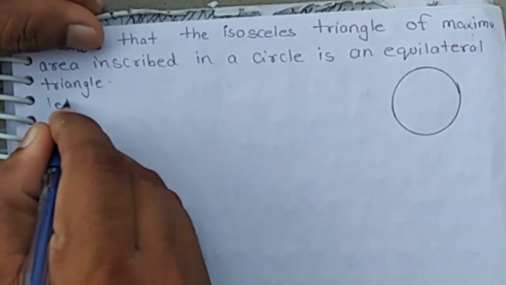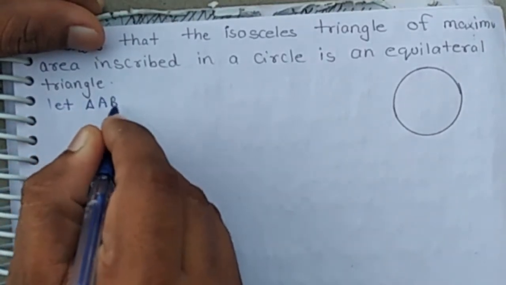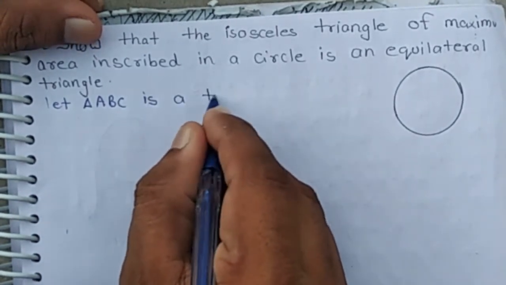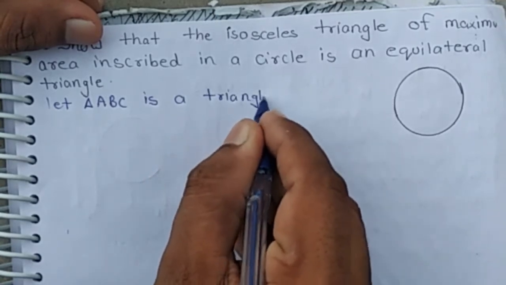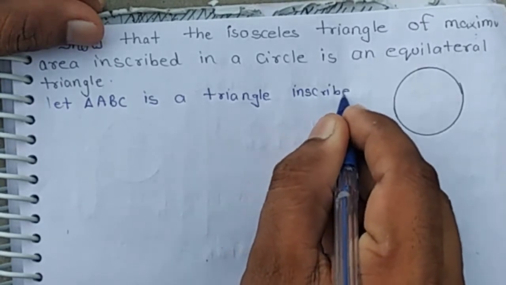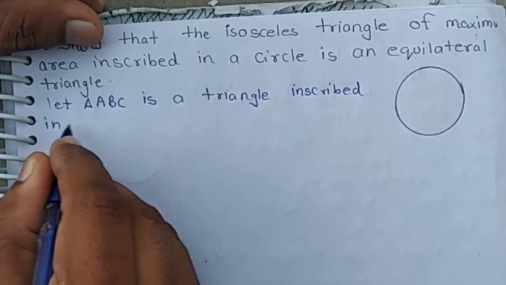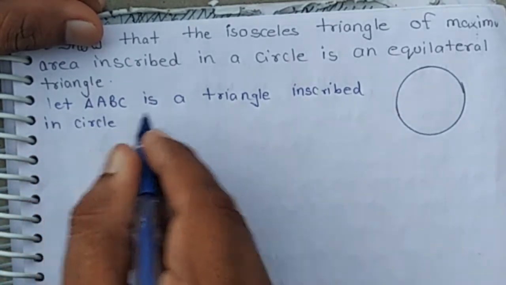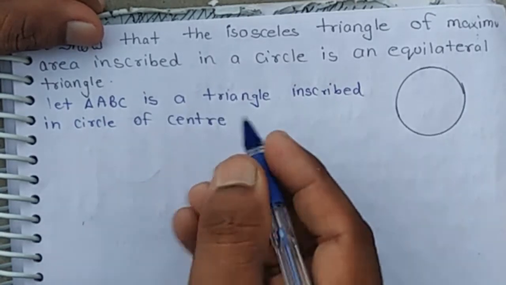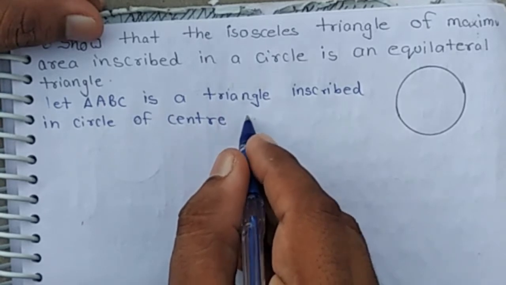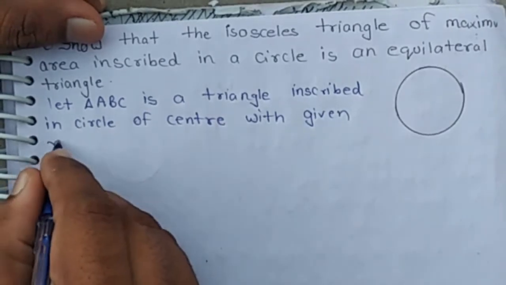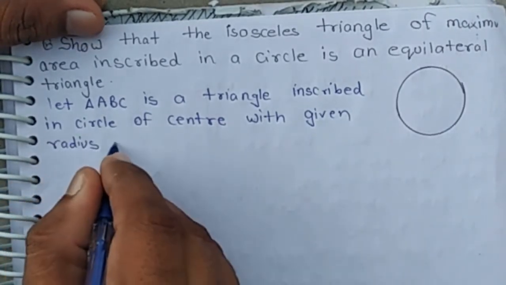Let triangle ABC be a triangle inscribed in a circle of center O with given radius R.